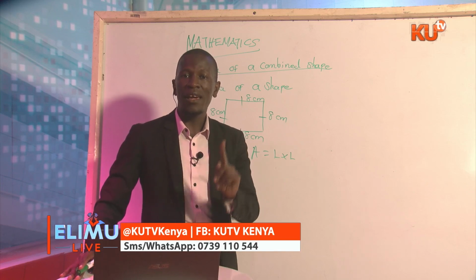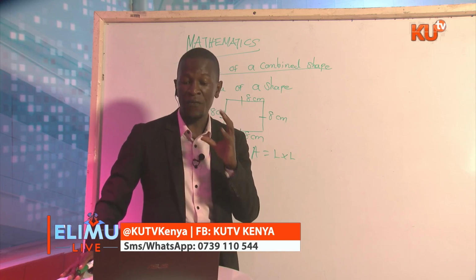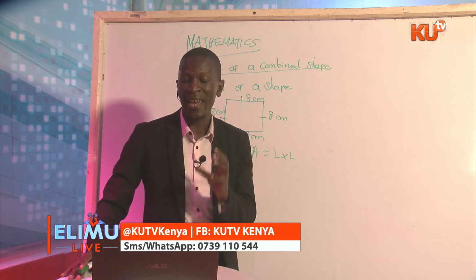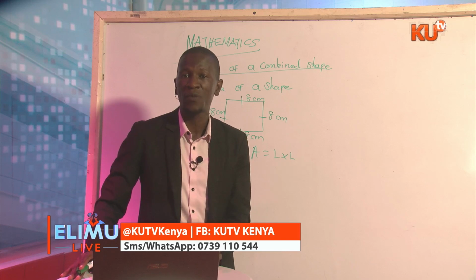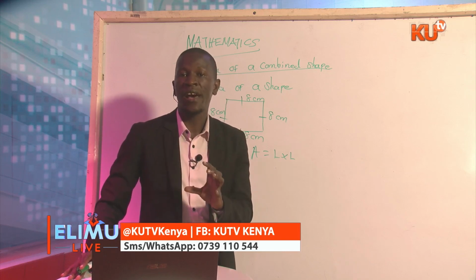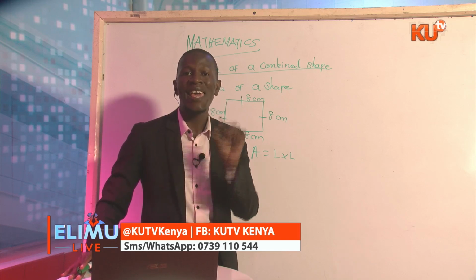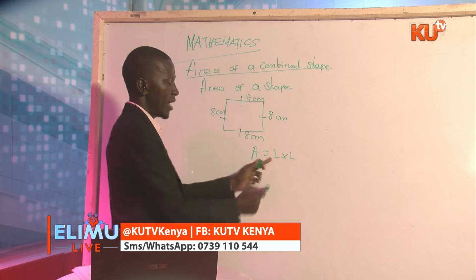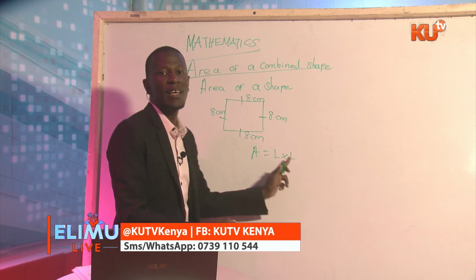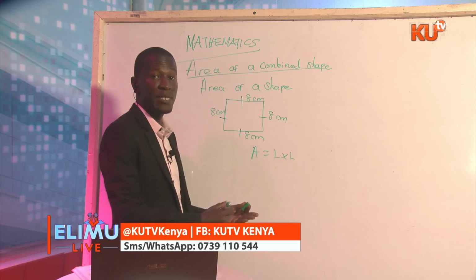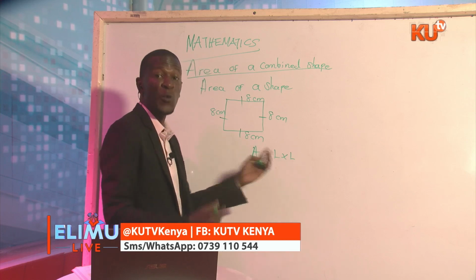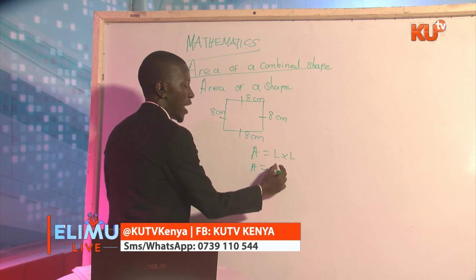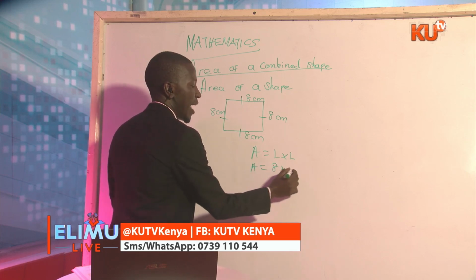So if the length of Kimani's piece of land is 8 meters, for us to find that area, we are going to multiply 8 times 8, because we have said length times length. So we substitute now the letter with the original value. So we say area is equal to 8 times 8.